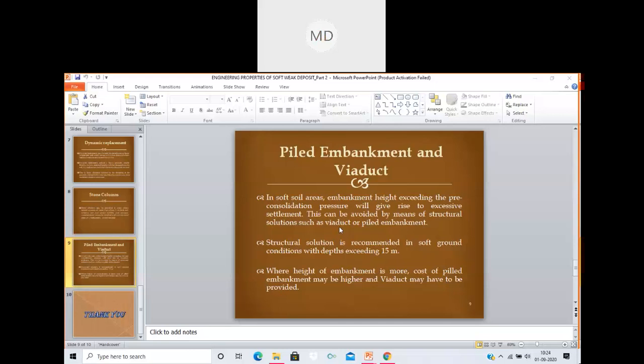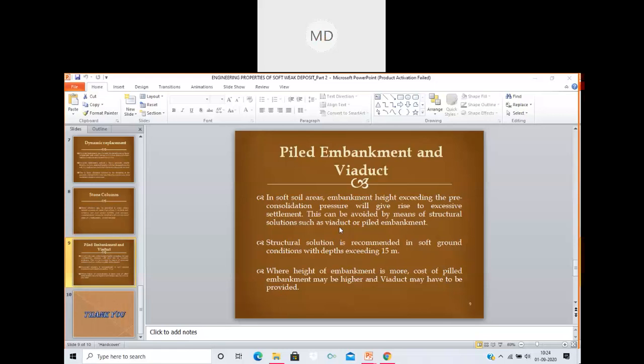Okay, viaduct, it is correct. It is a kind of bridge, but the span of the bridge is small. The length of each span is very small. So that is a viaduct, and it is used generally in places where the ground is soft, compressible deposit, or where the deposit is of peat soil, and generally it is a kind of valley, you can say.